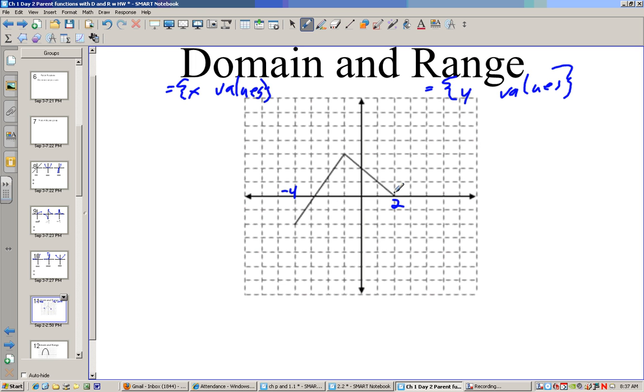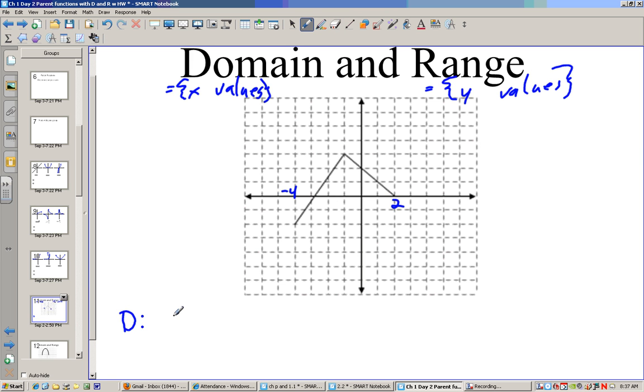Now, there are multiple different ways we can write this. We can say domain is equal to the set of all x such that, or maybe that's a little bit too complicated. Let's just start off with something more basic.